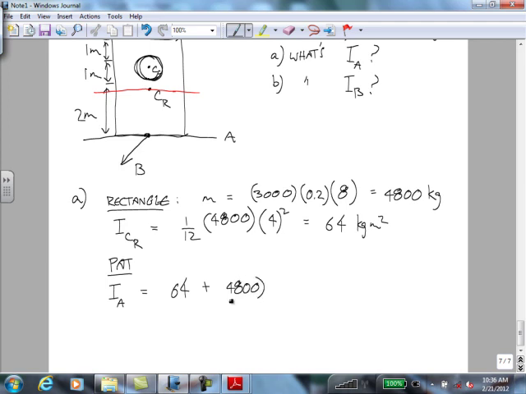Wait, is this 6,400? It seems like it would be bigger because you have 4,800 times 16 divided by 12. 6,400. Ah, I was only off by a factor of 100.